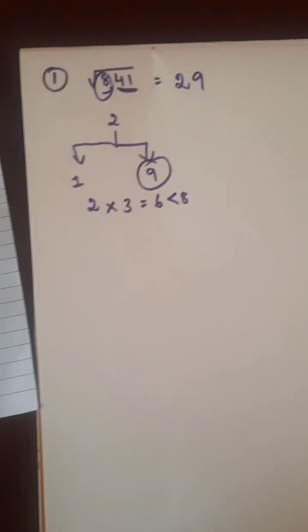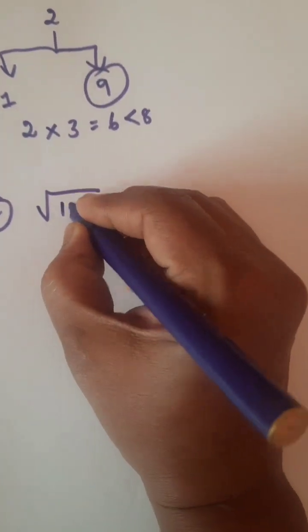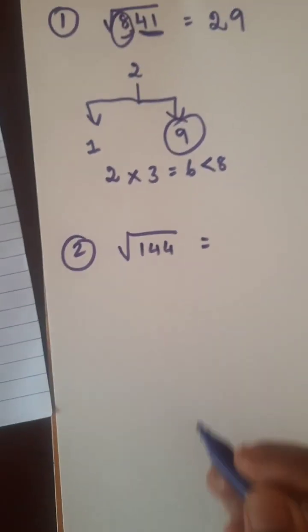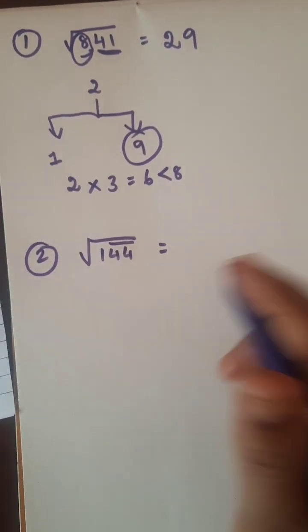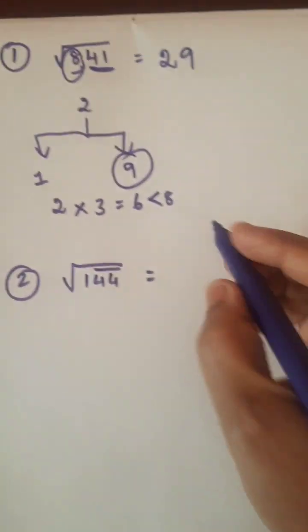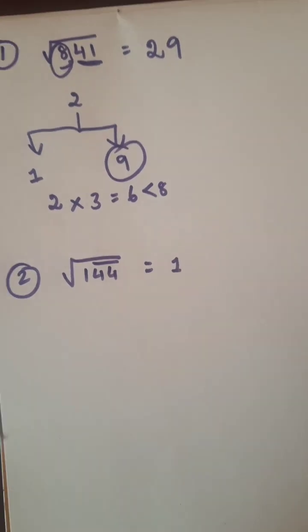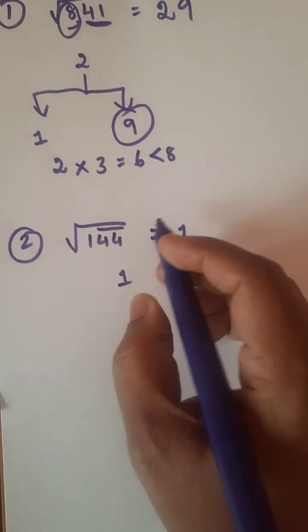I'll give you one more example. The second example, root of 144. Again we segregate the last two digits, and the remaining is 1. 1 square is 1, so we write the first digit as 1. Now 1 is fixed.